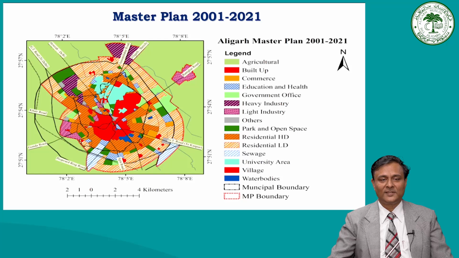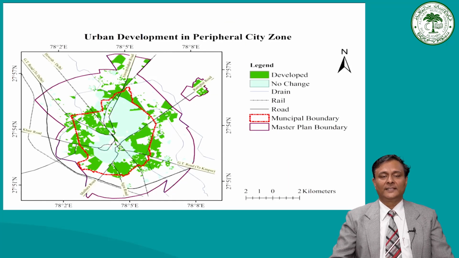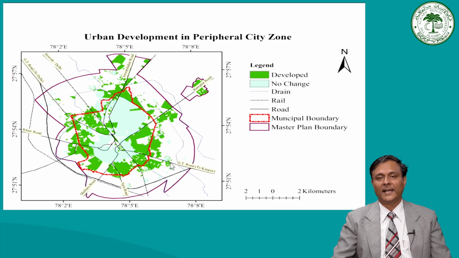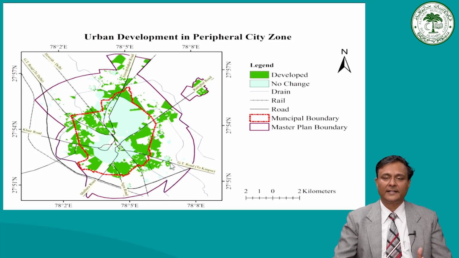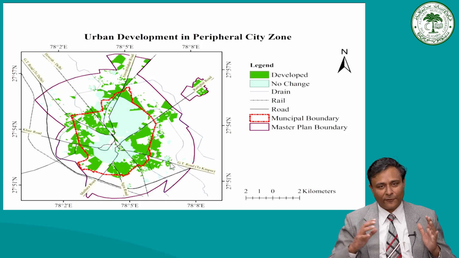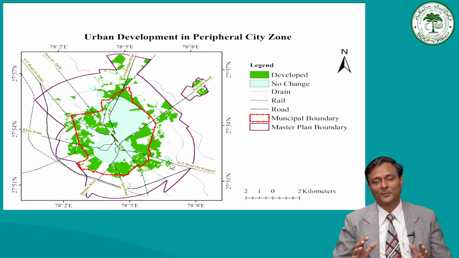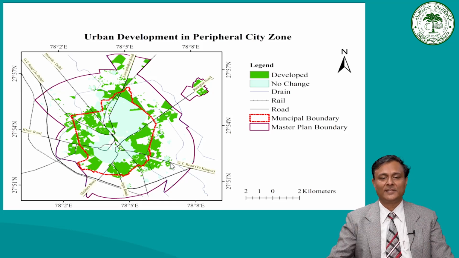So here, if you see, this is developed according to the master plan. There is no change. That means whatever was assigned a certain land use class has come up as planned. So from these two sets of information, I have drawn some new insight.